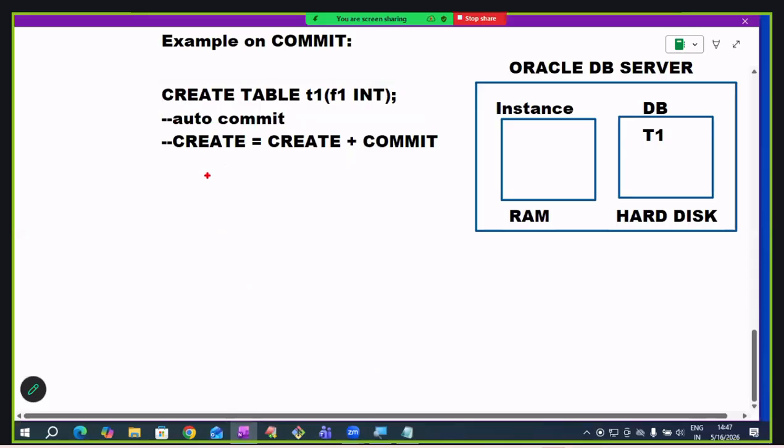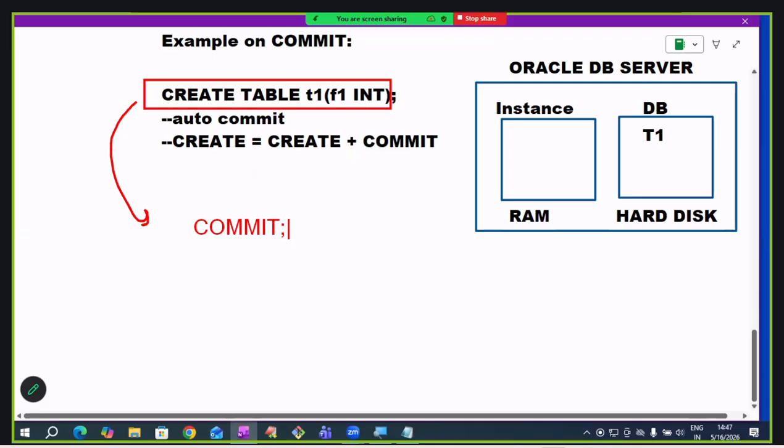Okay. So some members do like this. They create the table. They feel like they want to save the table. They write a commit like this. If anyone is writing commit after create, understand that he does not know create is an auto commit command. Even some trainers make this mistake.